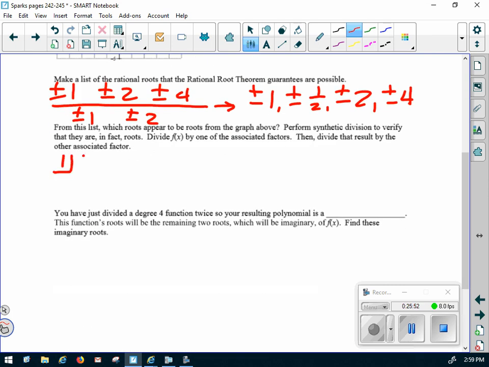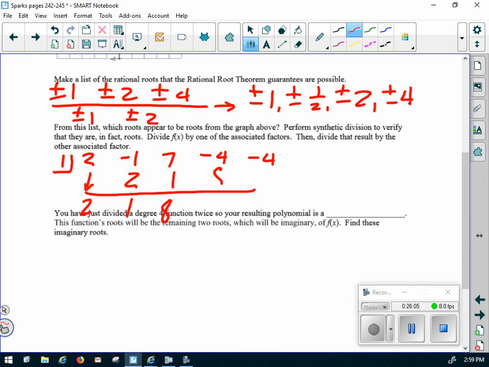Let's see. 2, -1, 7, -4, -4. Bingo. Are you good that 1 is a root or a 0 of this function?